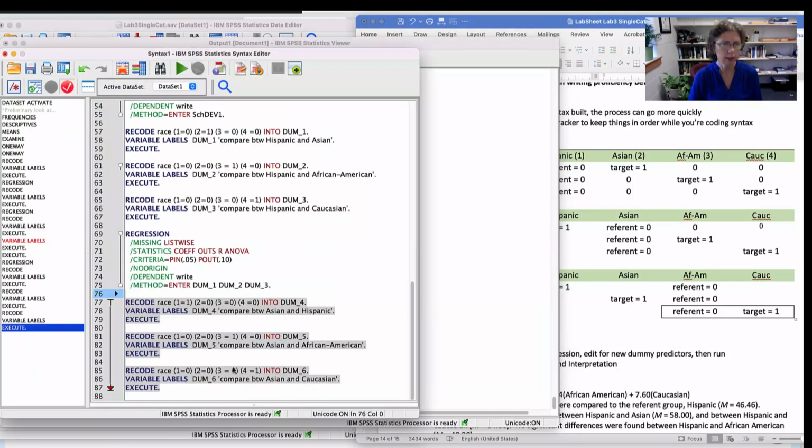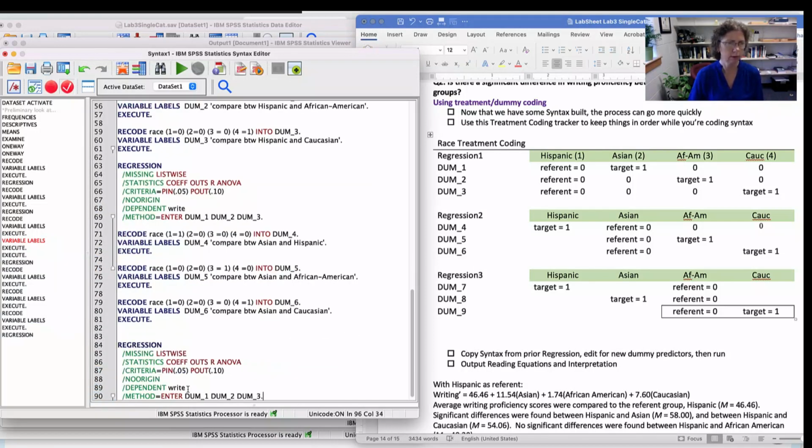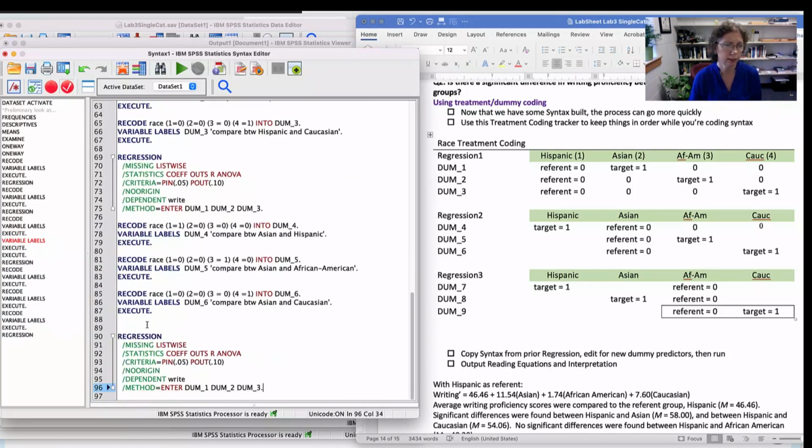And what we need next is the regression. So it's the same regression. I'm going to copy and just move down. But now, and it's good to leave yourself notes, with Asian as referent.